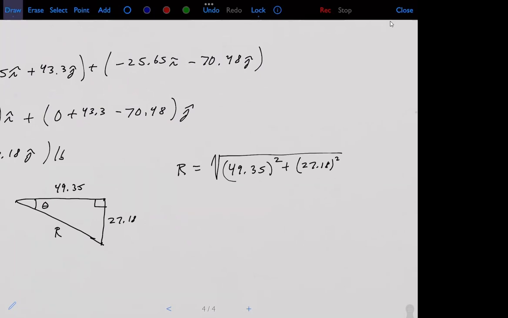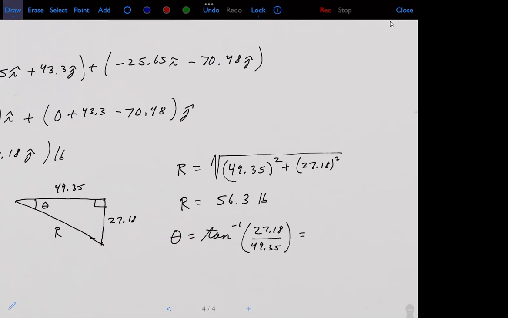And if you work this out, this is going to be 56.3 pounds. And then to get the angle, I need to do inverse tangent of opposite over adjacent.